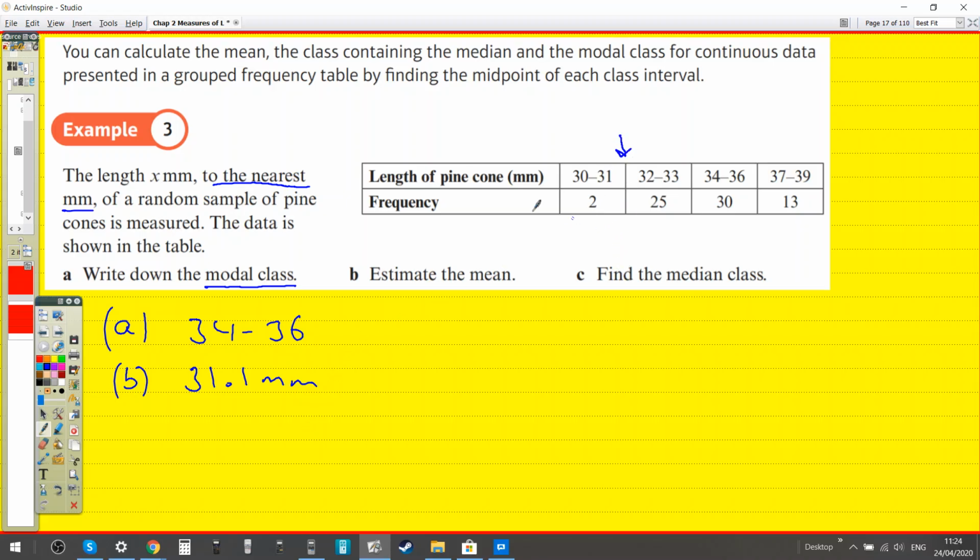Yeah. So these categories are rounded to the nearest millimeter. And so if you were rounding it to the nearest millimeter, what category would it go in? 30 to 31. Yes. And so the way you go about this is you unround the categories.